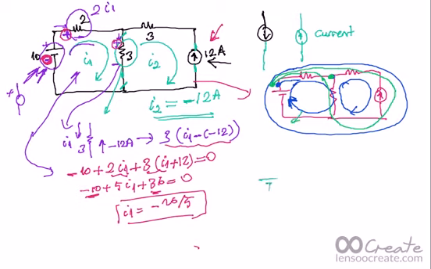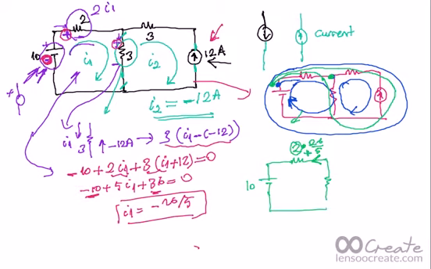I have calculated my I1, which is minus 26 over 5. What is the voltage drop on this 2 ohm? Since I1 is calculated as negative, I must take the direction opposite, so this one is plus, 26 over 5 times 2.